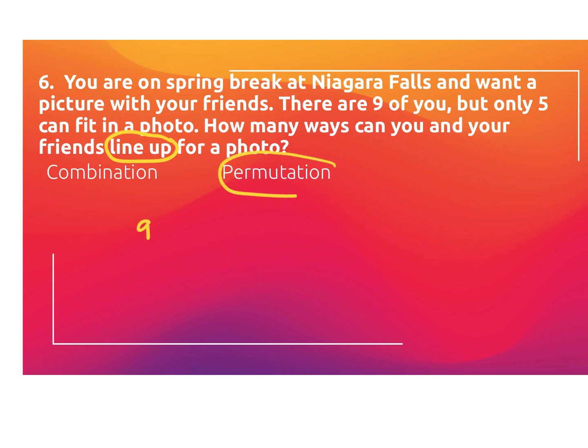Because it's a permutation, I'm going to choose that P. But only 5 of us can fit in the photo. So I'm going to start with 9, hit my probability button, nPr, and choose 5. Ooh, I get 15,120 ways.